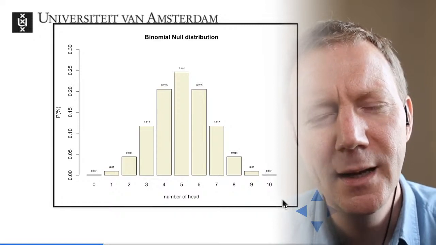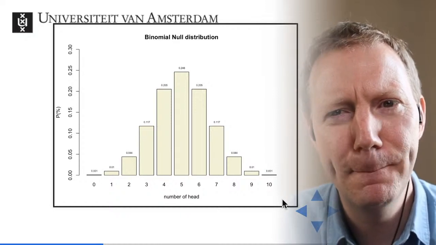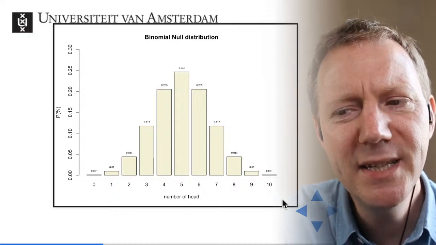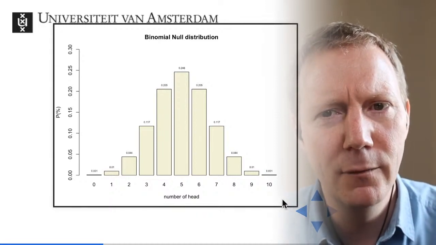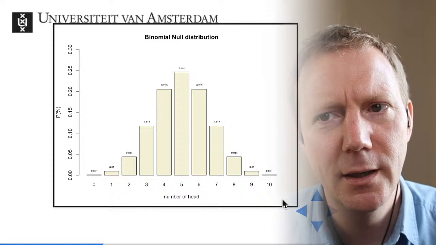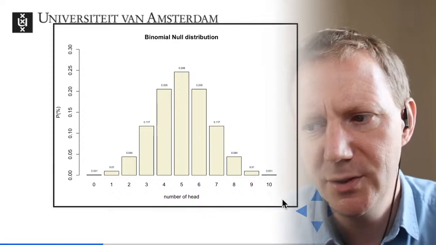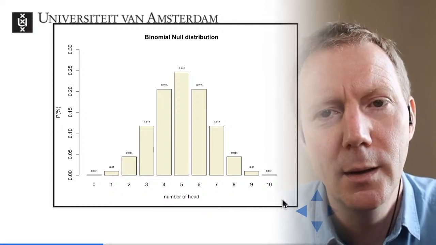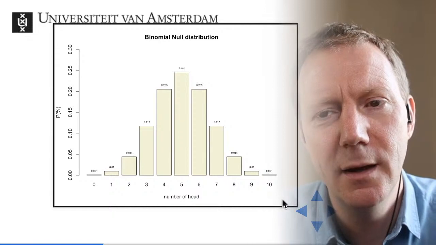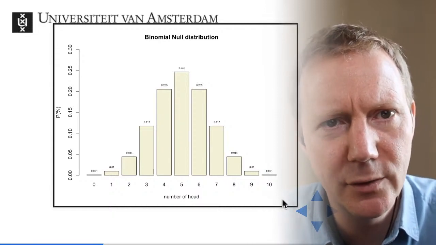So what you have to take home from this is that, based on the null distribution, you can't for certain say that something is true or the other thing is true, because you see that it happens. It is probable. So you can't say it definitively, and that's a notion that you have to take into account.